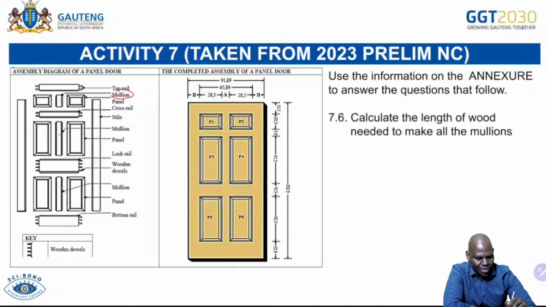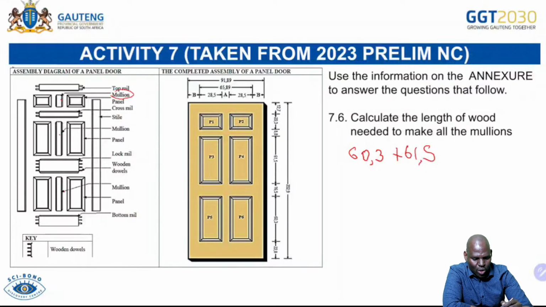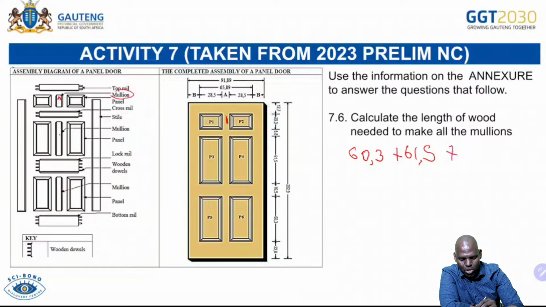So the total length means now we must take the length of this, which is 60.3, and then this one is 61.5. Then this one here, that one, which is 20.3. So plus 20.3.